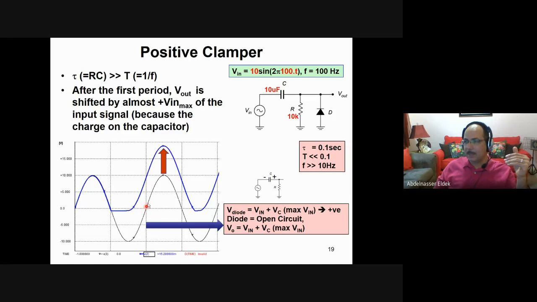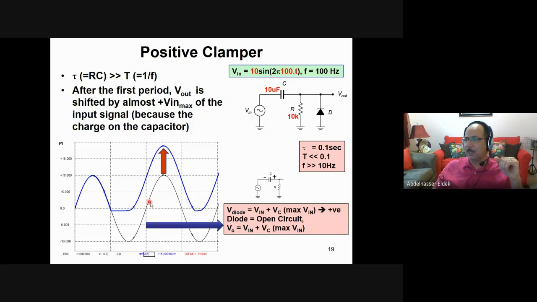So it doesn't matter if it is positive or negative. You add 10 volt to this signal here, which makes it always between 0 and 10 plus 10, which is 20 volt. So the voltage here will be from 0 to 20 volt instead of negative 10 to positive 10, which makes the diode always open or reverse bias.